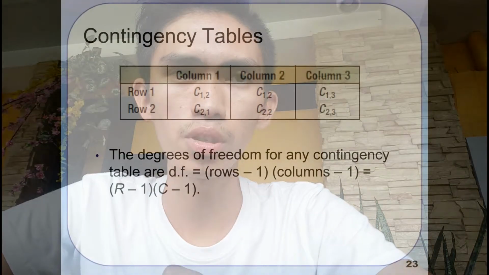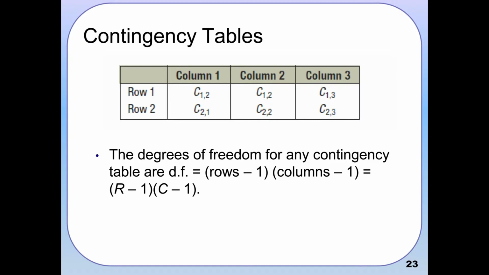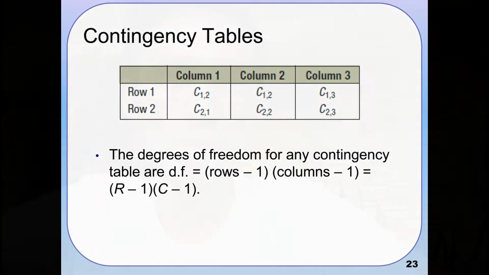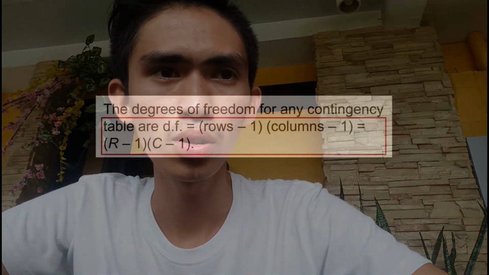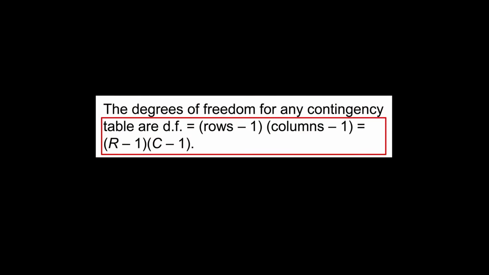Depende pila siya ka column 1, column 2, column 3, then row 1, row 2. The degrees of freedom for any contingency table are different. So, magamit ang formula pagkuha sa contingency tables: row minus 1, then column minus 1.